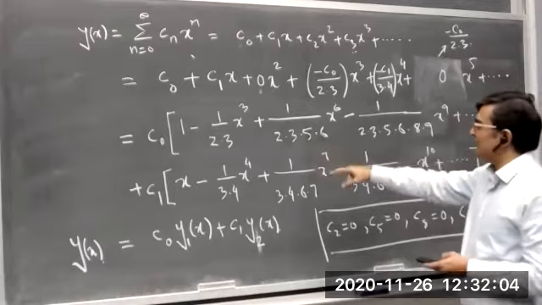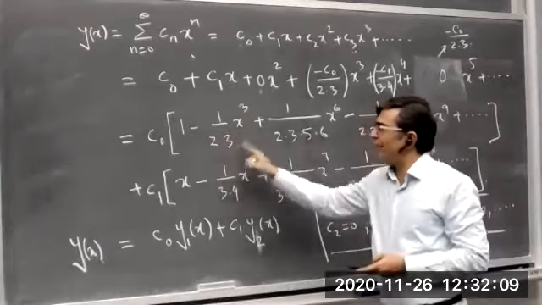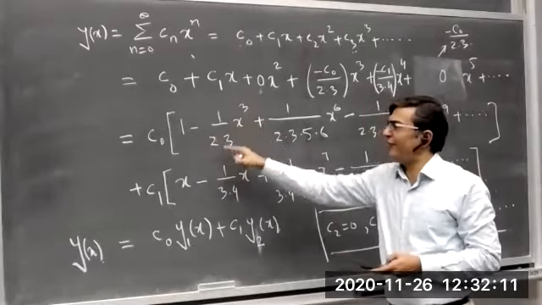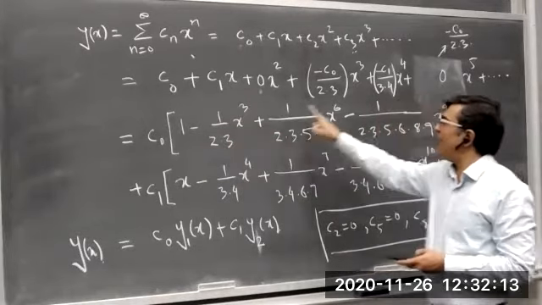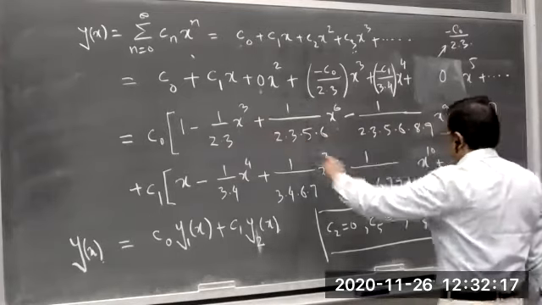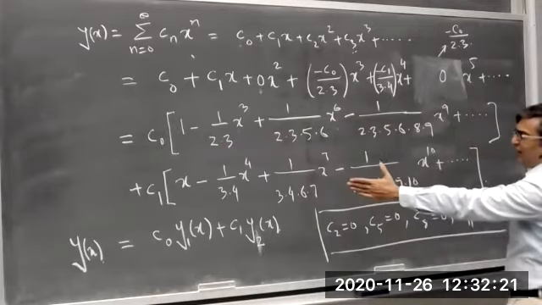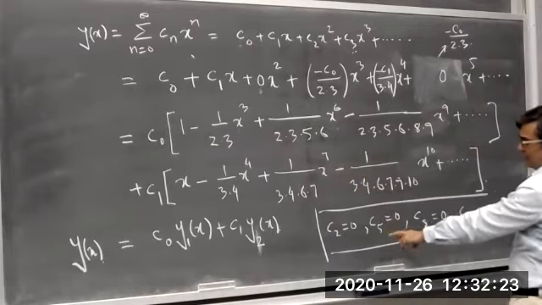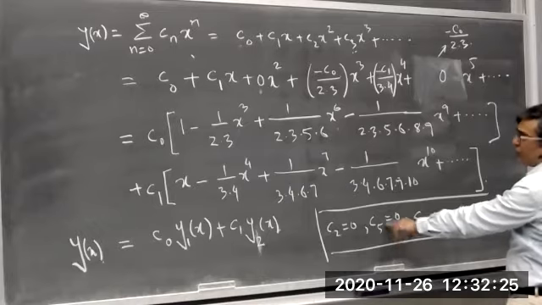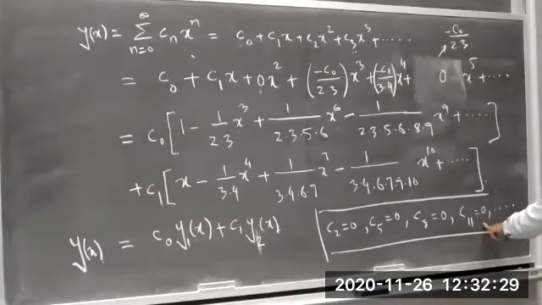You can see in the solutions as well that we do not have x square. There is no term of x square here because the coefficient of x square is 0. Here there is x cube, x6, x9; there is no x2. Then the coefficient of x5 is also not in either series, because C5 is 0.